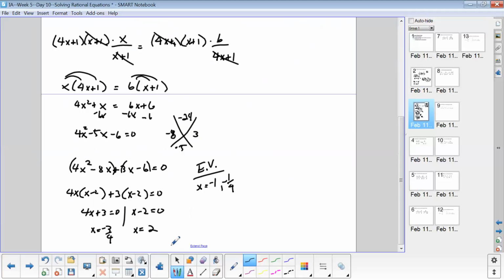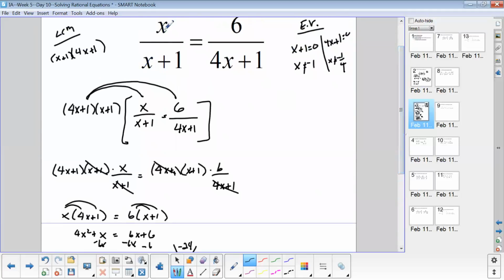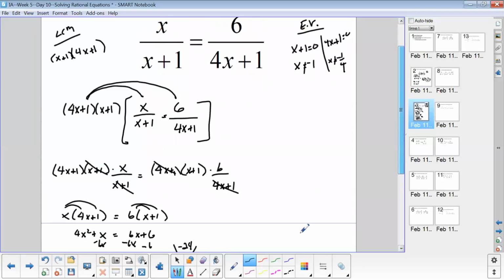I'm not going to take the time on this right now, but we would take these values and substitute them into the original for x and check to see what the solutions would be and if it would be a correct solution.